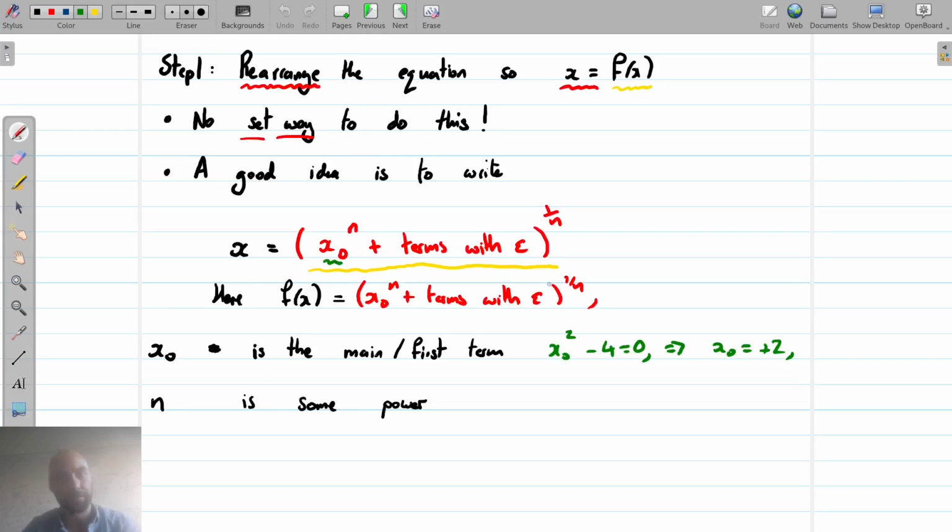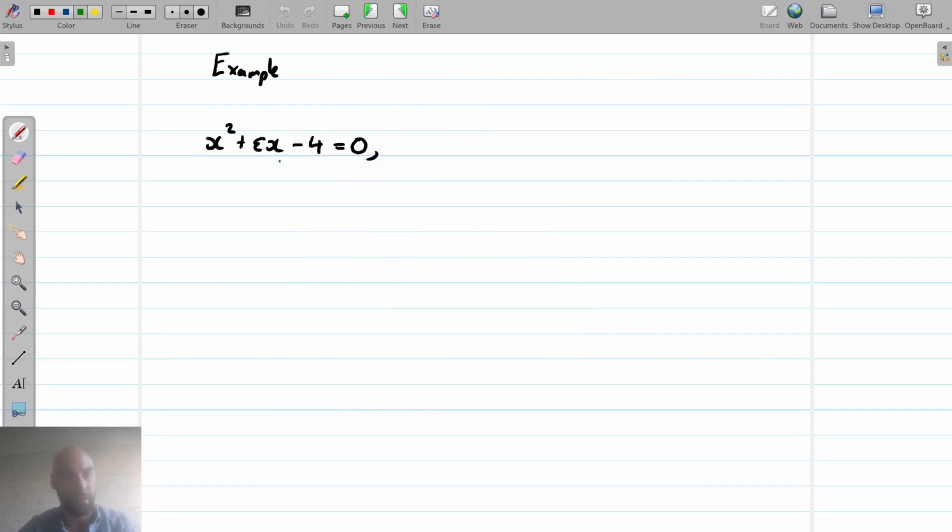like this. Now the first thing you generally want to do is grab your terms with epsilon and bring them over to this side. So if I do that, I end up getting x squared minus 4 equals minus epsilon x.